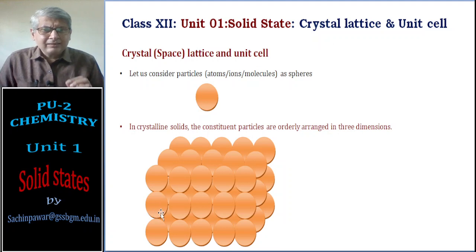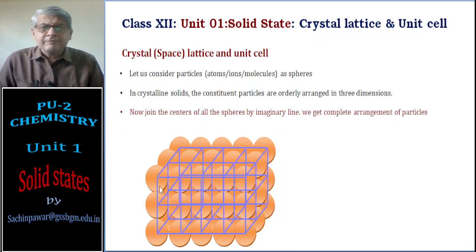To understand the actual shape of the crystal lattice, we have to imagine that the centers of all these spheres are connected by some imaginary lines. So here I am drawing those imaginary lines. If you draw the imaginary lines, the structure appears to be like this, and this is called the crystal lattice, or a three-dimensional arrangement of particles in space. Now this doesn't appear to be good, so we will decrease the size of those particles.